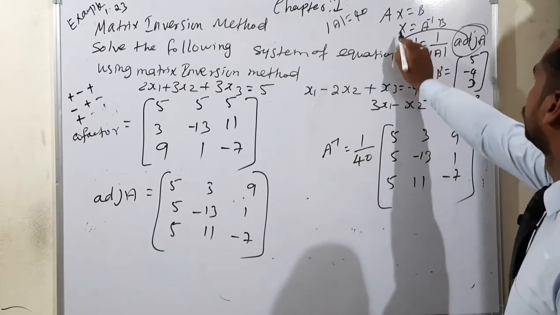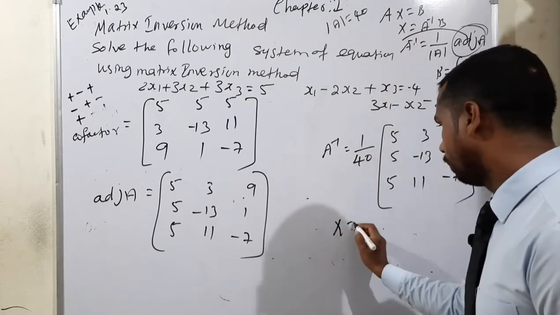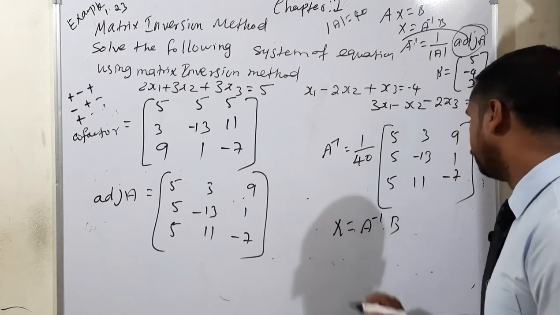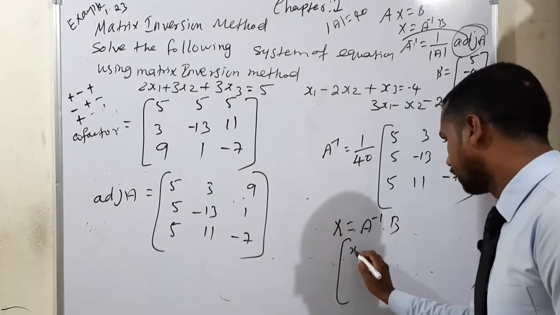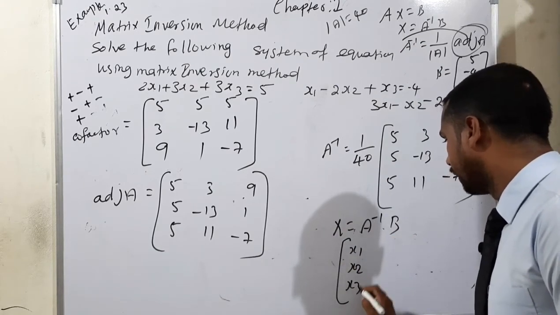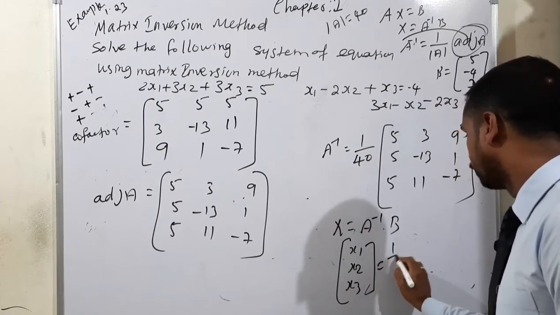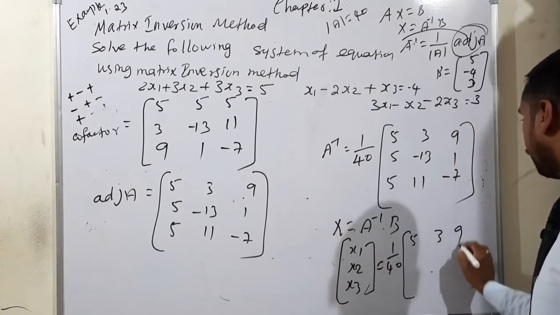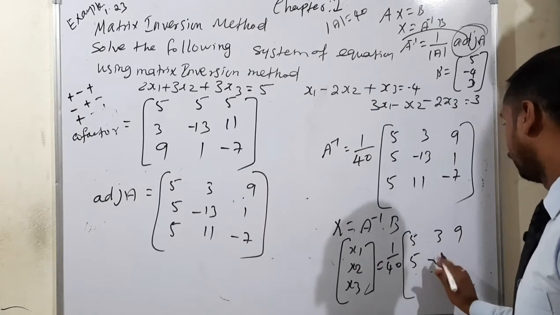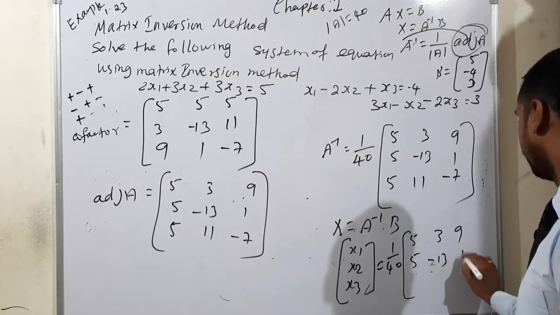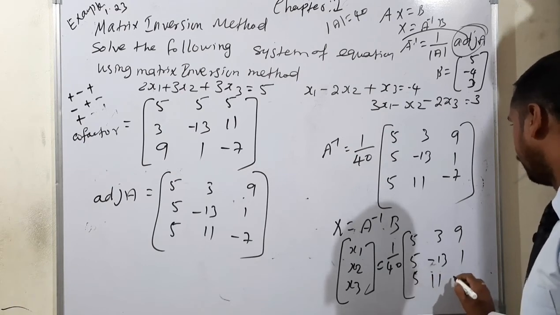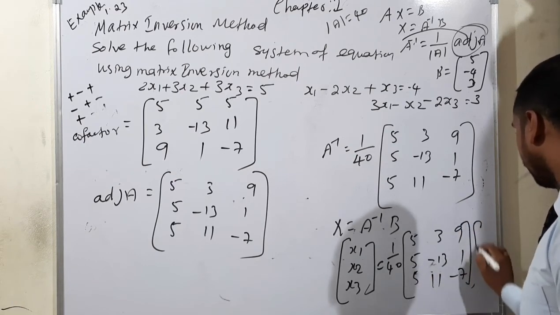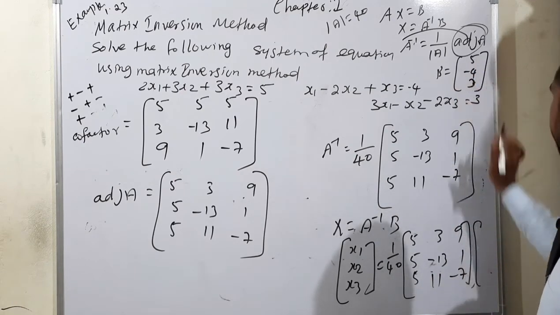First, what is the formula actually? Capital X is equal to A inverse into B. Capital X means x1, x2 and x3. Then A inverse means 1 by 40 into 5, 3, 9, 5, minus 13, positive 1, 5, 11, minus 7 into B is equal to 5 minus 4, 3.